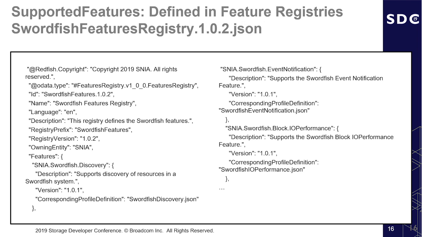And clients will care about that one rather than just the SNIA version. So the features registry, we've actually had quite a bit of interest in. We created this obviously for this purpose, but we've actually had several vendors interested in using this for a multitude of purposes.